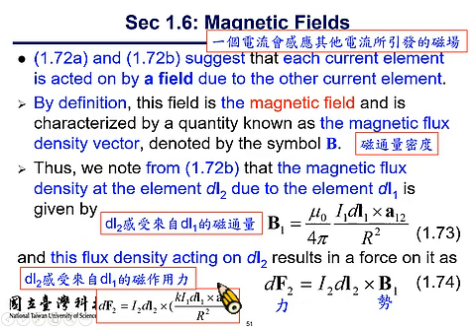As we have seen from the magnetic force equations, they suggest that each current element is acted on by a field due to the other current elements. So we can introduce the idea of a magnetic field. If we have two complete current loops, we can observe the effect of magnetic force. Then how about if we have just one current loop?